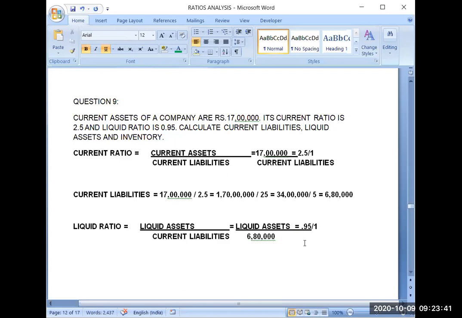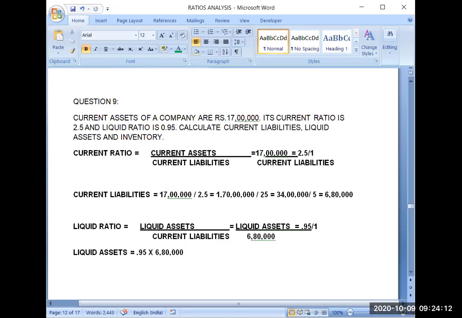So now when you calculate the value of liquid assets, the equation will become liquid assets is equal to 0.95 multiplied by 6,80,000, because of cross multiplication. One will be getting multiplied by liquid assets and 0.95 will be getting multiplied by 6,80,000.